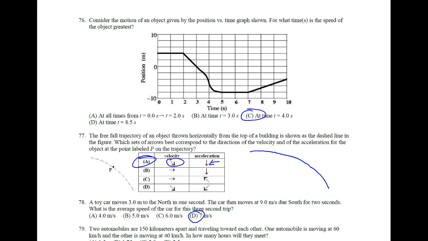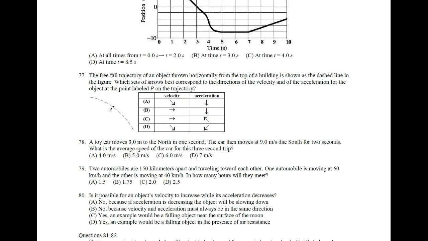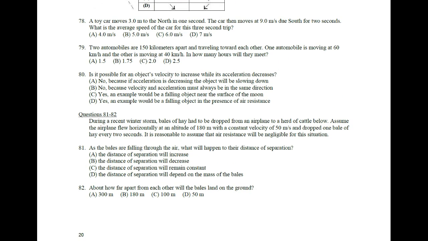For number 79, which is our next one, this is the one about the two automobiles, and your answer for this one is letter A. To find out how many hours until they meet, the relative speed between the two cars is just the velocity of the first one minus the velocity of the second one. That would be 60 minus, and the other one's going the other direction, so negative 40.